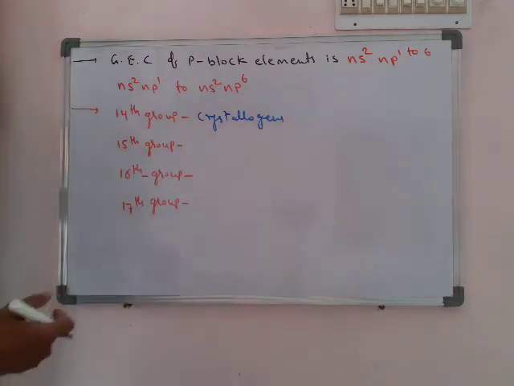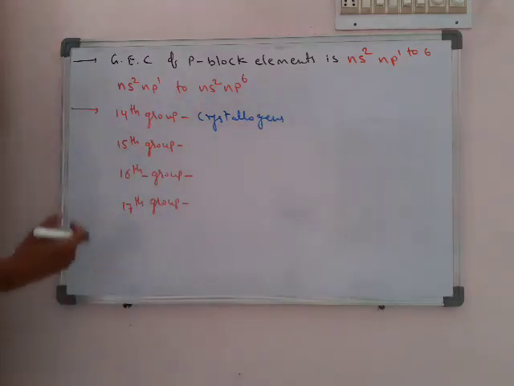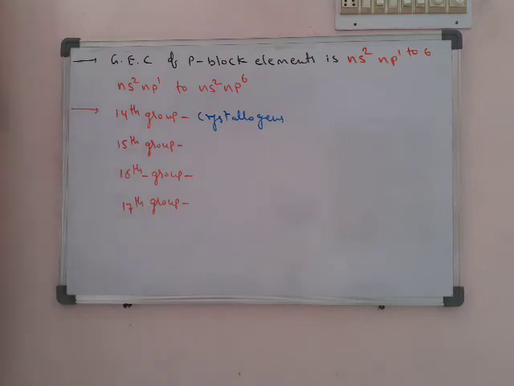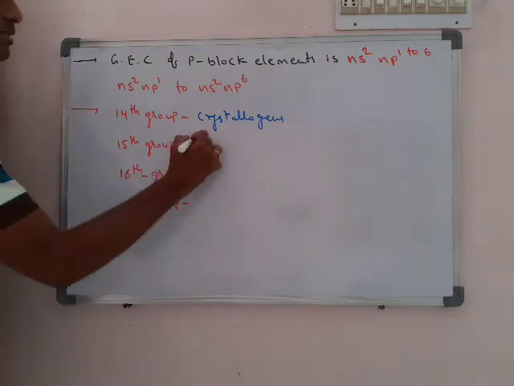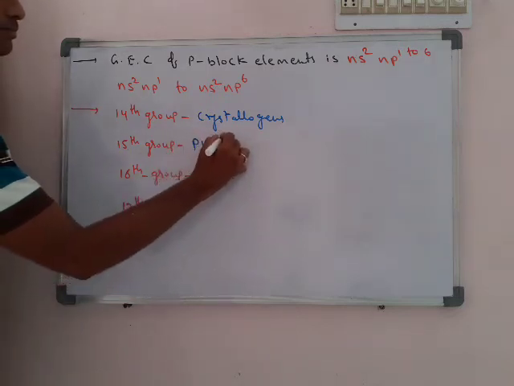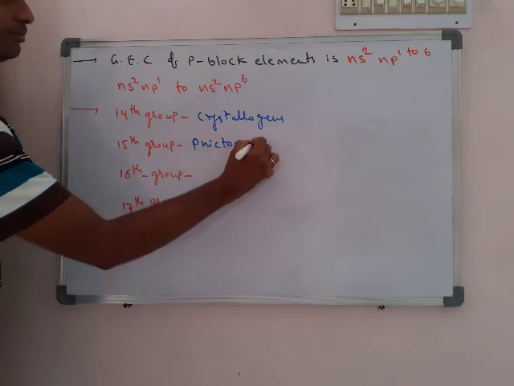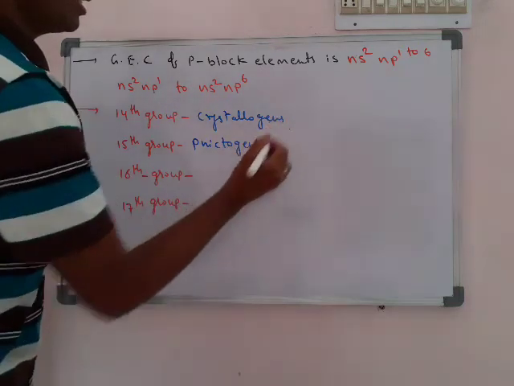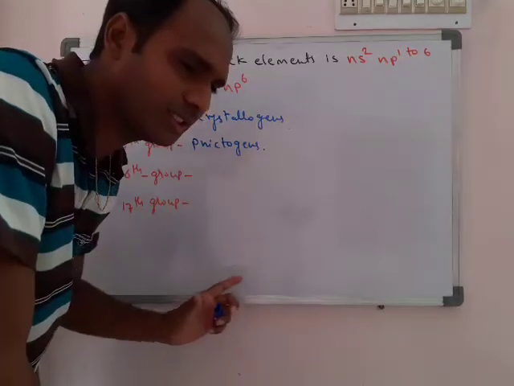So there are perfect crystal compounds present in carbon, silicon. That's why they are named crystallogens. So next, if you see 15th group, the nitrogen family is called pnicogens. Actually, these names are based on their properties.